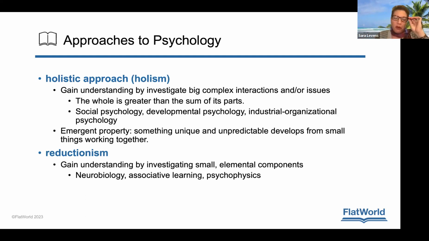Backing up just a moment, a key element of the holistic approach is what's known as an emergent property. This is something unique and unpredictable that develops from small things working together. A common example that is being heavily investigated and is of keen interest is consciousness.